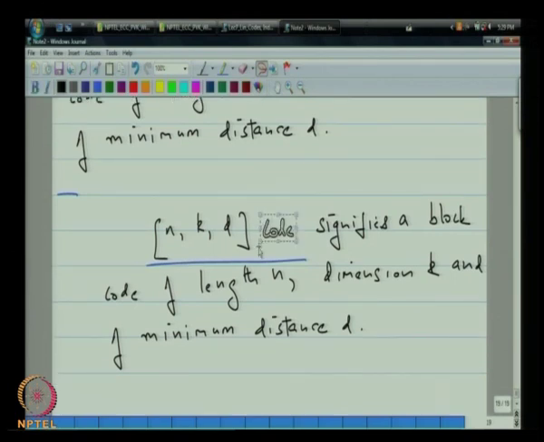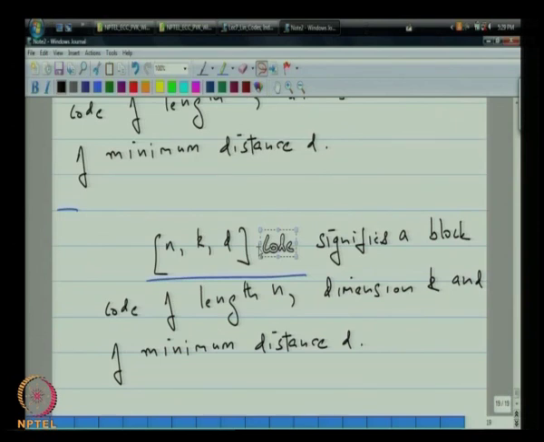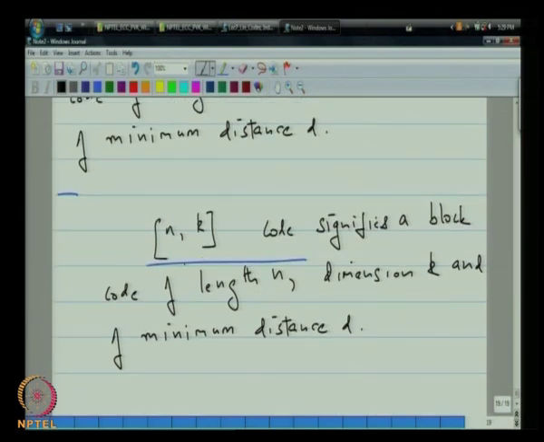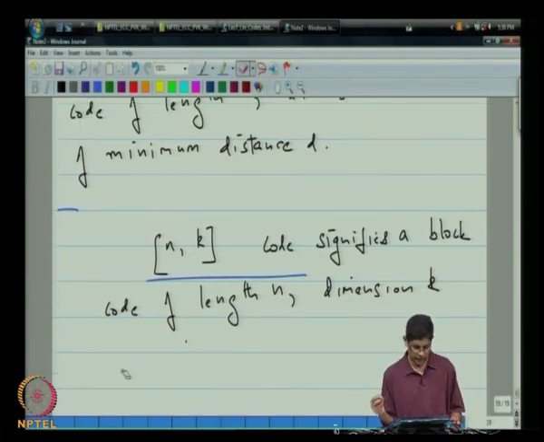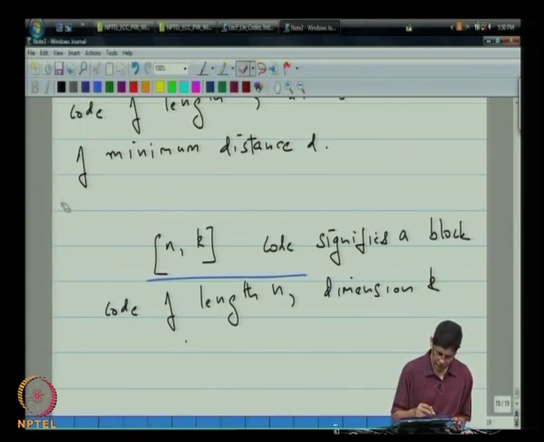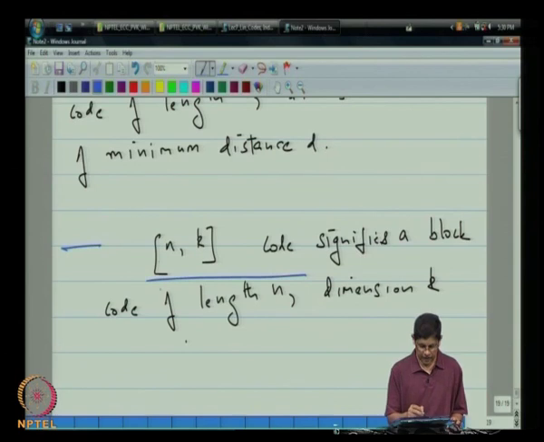So, in this case an [n, k] code signifies a code of length n and dimension k, period. There is no mention of minimum distance, but again just note that we have used rectangular braces. All right.